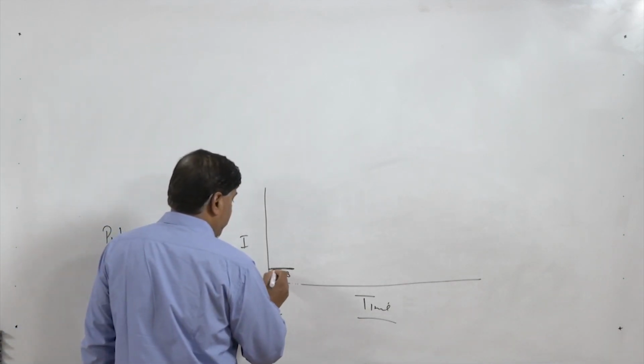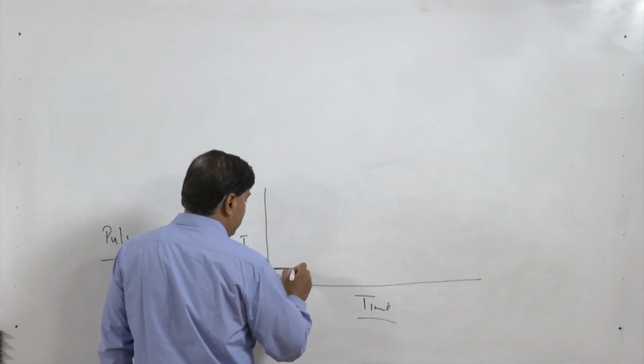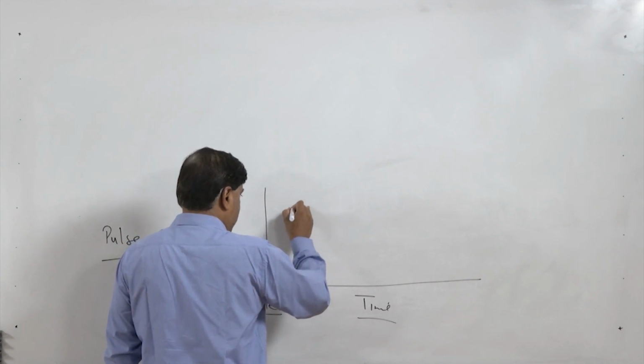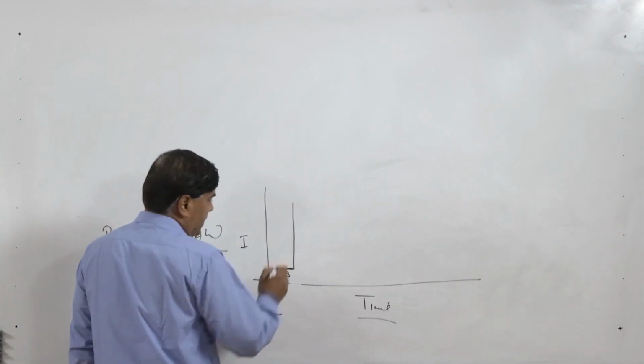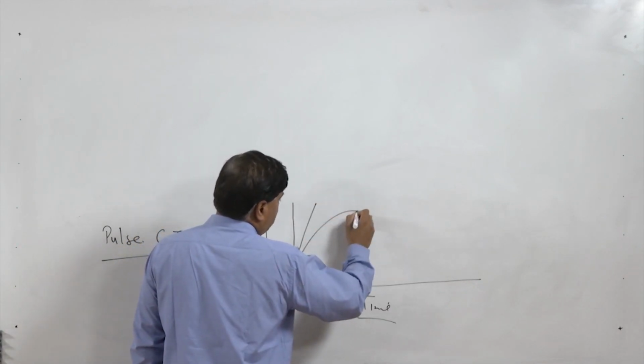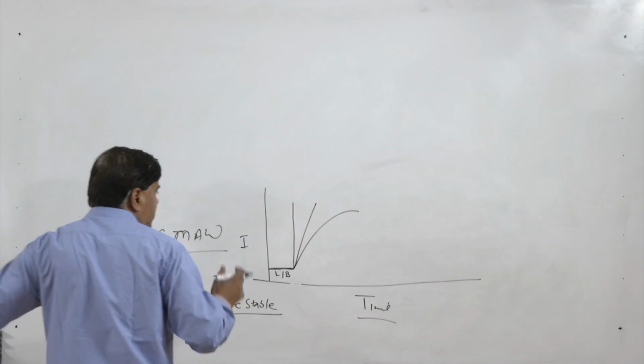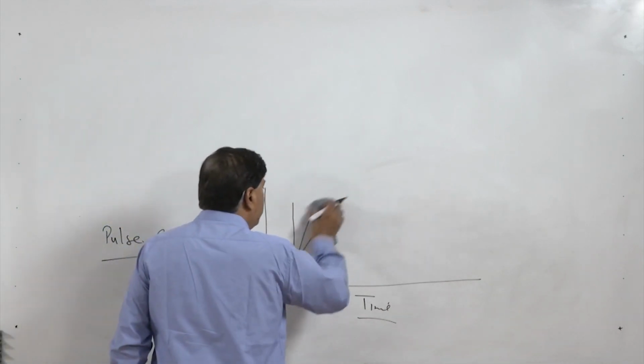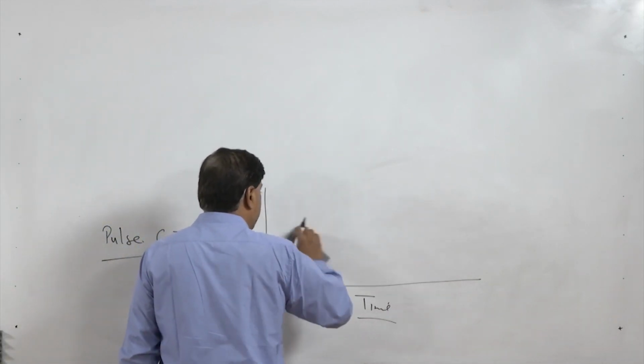So we maintain the background current, then the current is increased. This increase may be at different rates. It may be like this or it may be like this. So there can be different rates and different kinds of waves generated as per the requirement.